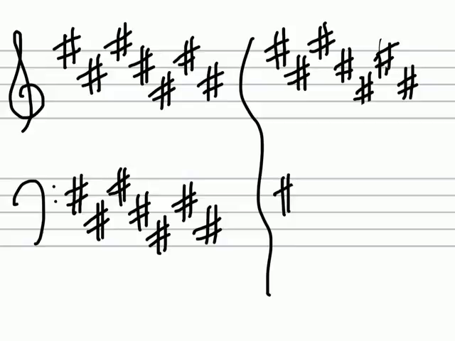So let's take the bass staff, and you'll see what I mean. If the last sharp is F sharp, go down a step, and the tonic is E, E minor. If the last sharp is C sharp, and if that's scale degree 2, go down a step, and the tonic is B, B minor.